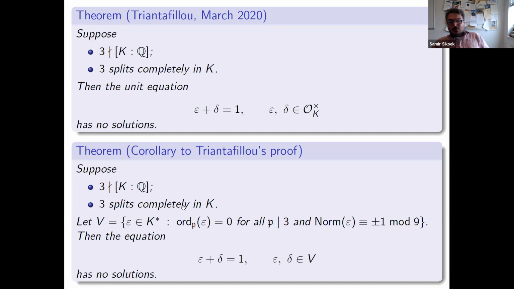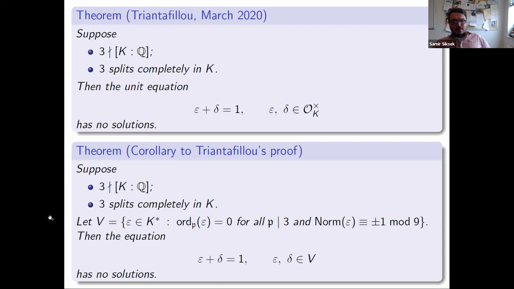If you take this group, then this equation doesn't have solutions with epsilon and delta in V. And the crazy thing is that this group has finite index in K star, so it's of infinite rank. So we can't be using anything like Chabauty or Skolem, where controlling the rank is very important.